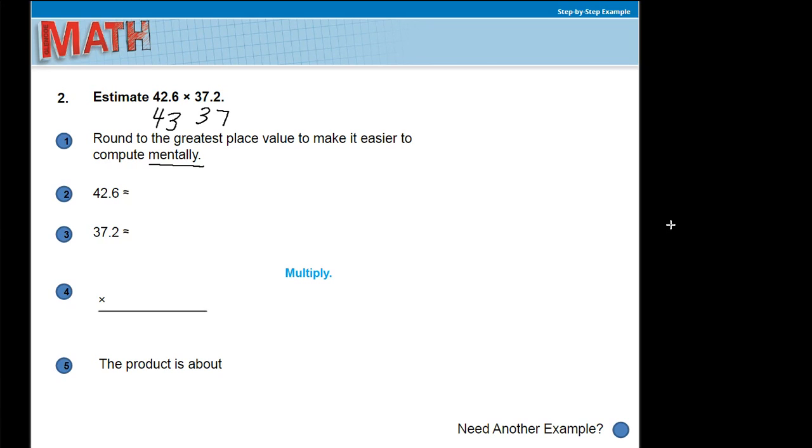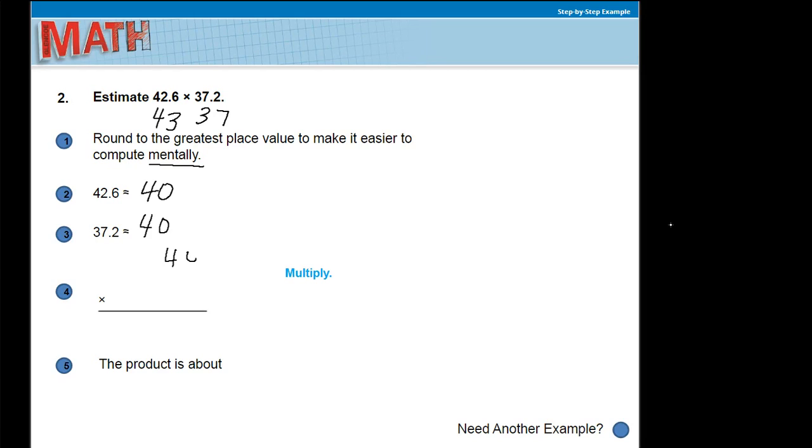So for example, I would round this number to 40. I'd round 43 to 40 because I know that when I multiply this number, which I'm also going to make 40, 40 times 40 is going to be 1600. That's an easy number for me to calculate because I know 4 times 4 is 16, and then I add my 2 extra zeros on there.